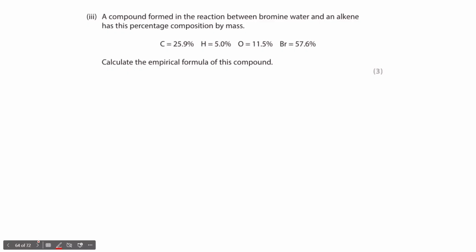First you write the elements you have: carbon, hydrogen, oxygen, bromine. It's better if you know their molar weight. Look at the periodic table: carbon is 12, hydrogen is 1, oxygen is 16, bromine is 80.